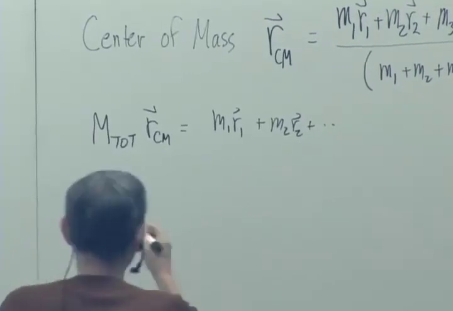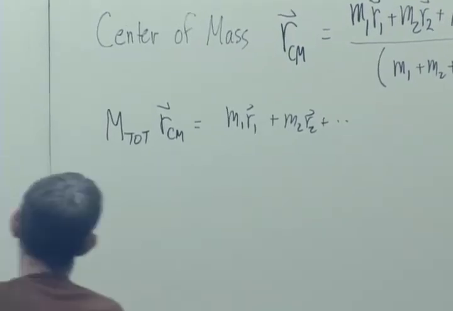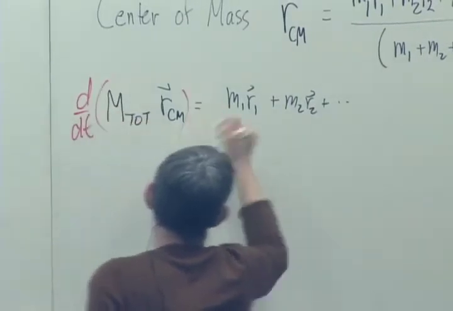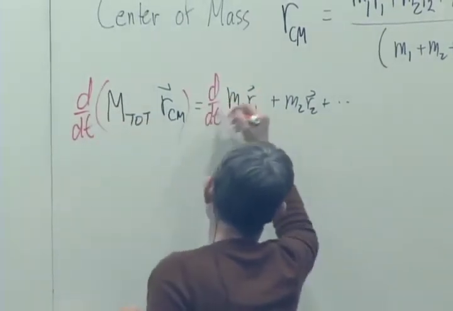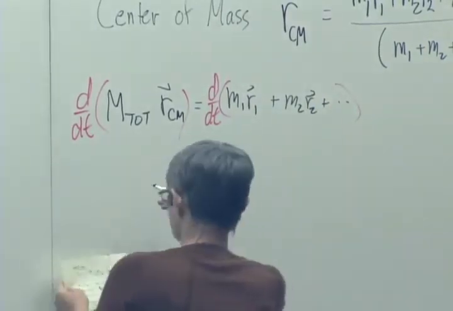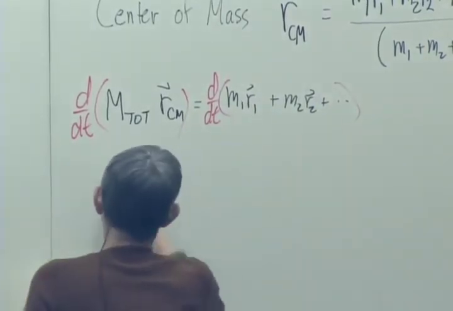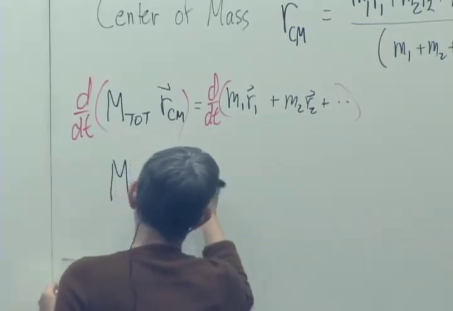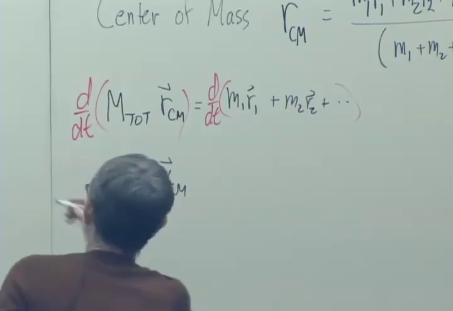On this side, we end up with the total mass times the velocity of the center of mass.